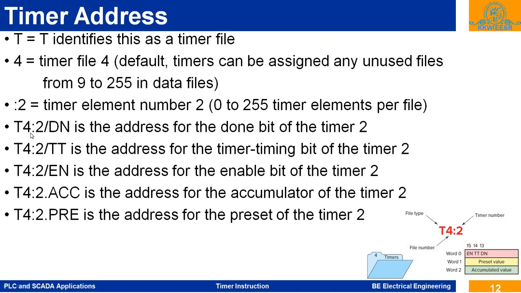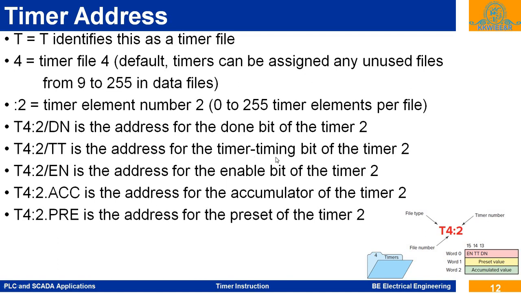Then we have to use the done bit, TT bit and enable bit in ladder programming. For that we have to write down the address for the bit instructions of the timer. T4:2/DN is the address for the done bit of timer 2.